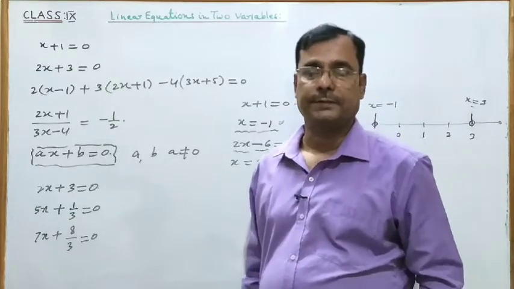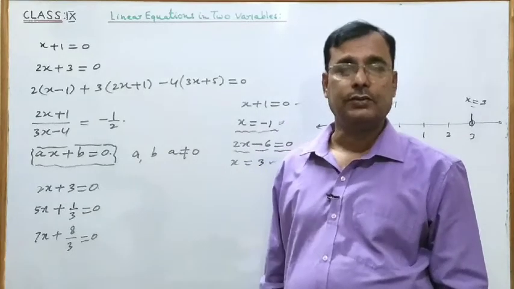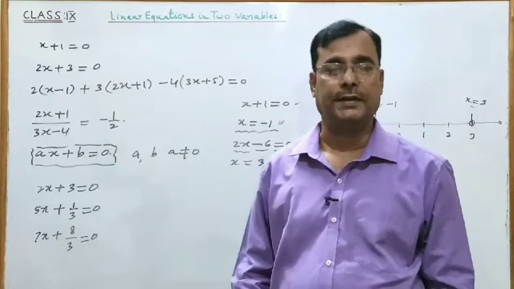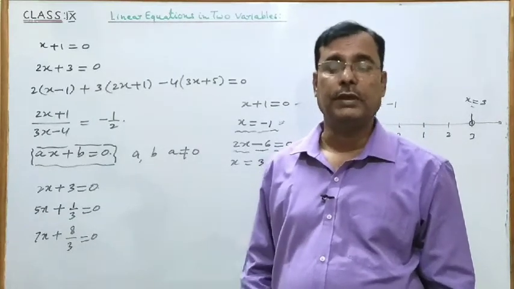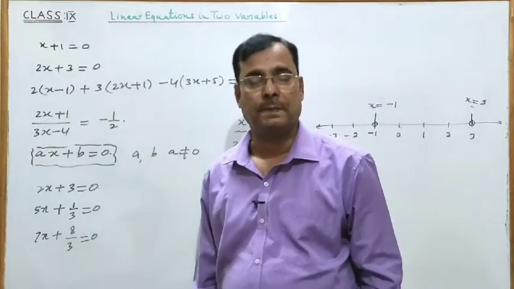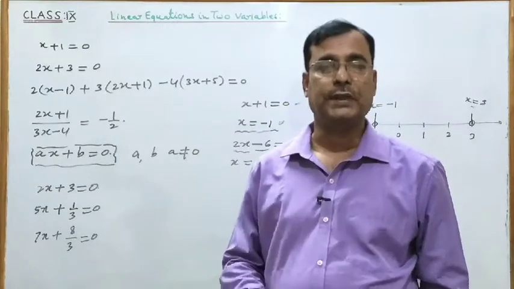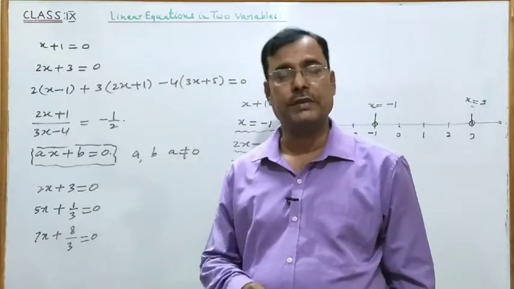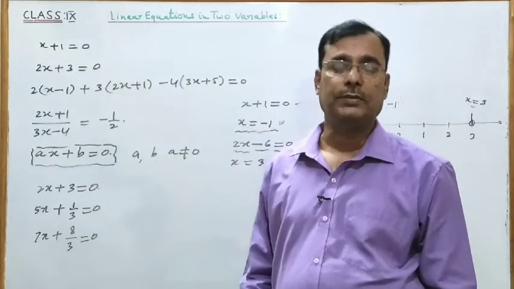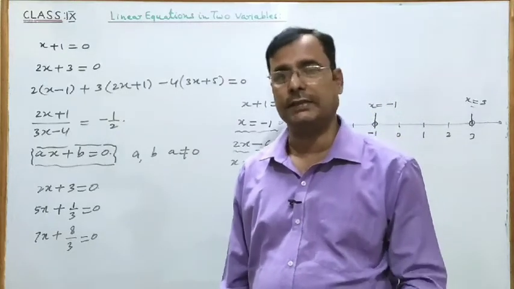Now that you have studied solutions of linear equations in one variable and representing them on the number line, let us consider a situation where two children together contributed rupees 100 towards a relief fund, and we have to represent this information in the form of an equation. Here the individual contribution of neither of the children is known. So this situation involves two unknown quantities, the individual contribution of one child and the individual contribution of the other child.